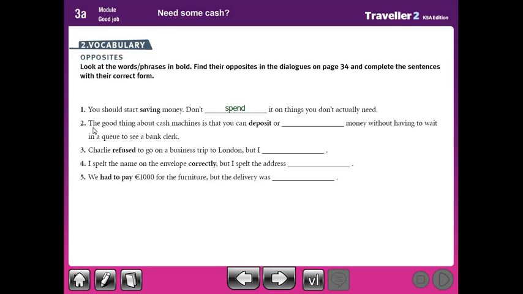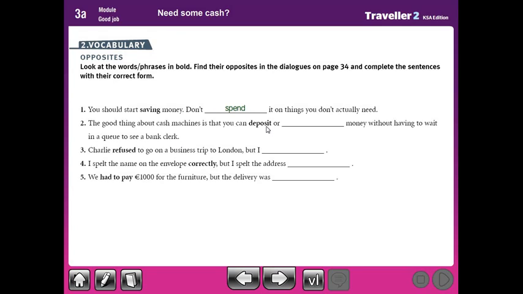2. Deposit. The good thing about cash machines is that you can deposit or withdraw money without having to wait in a queue to see a bank clerk.